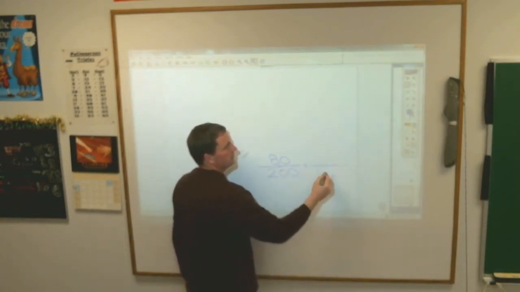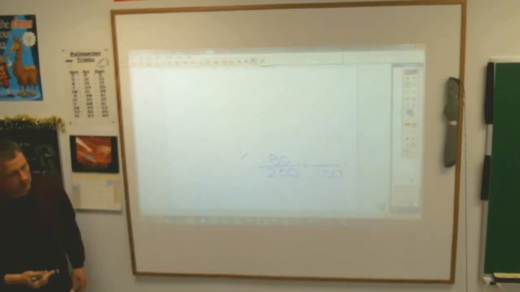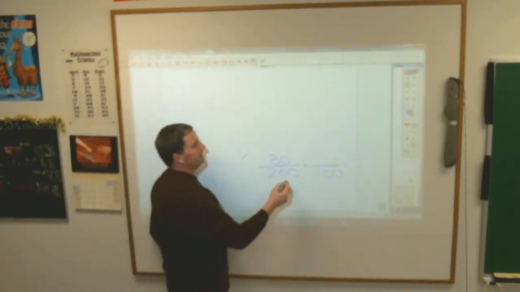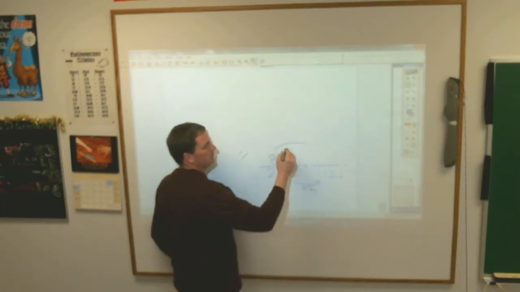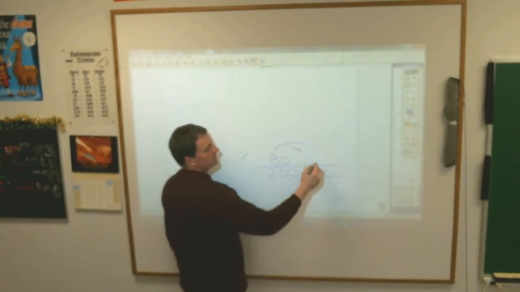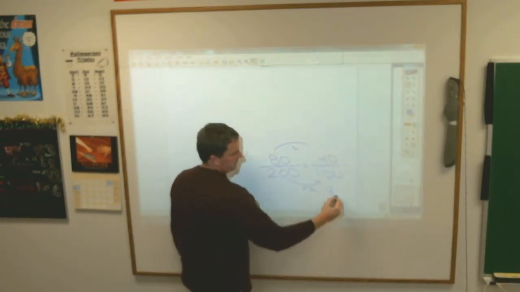How do I go from 200 down to 100? Cut it in half, divide by 2. So your percent is 40%.